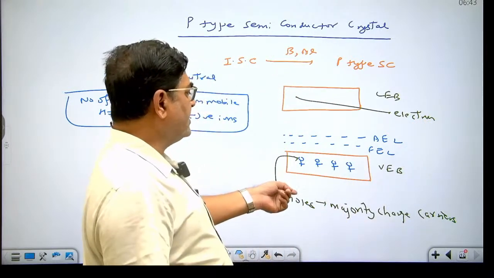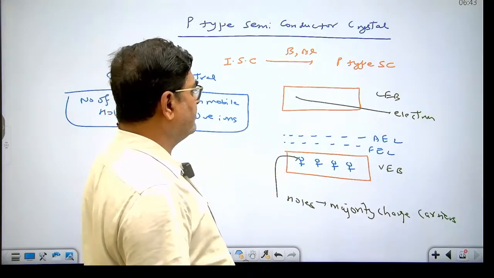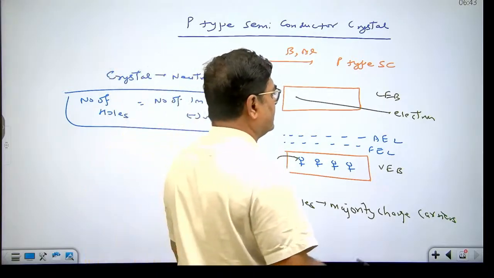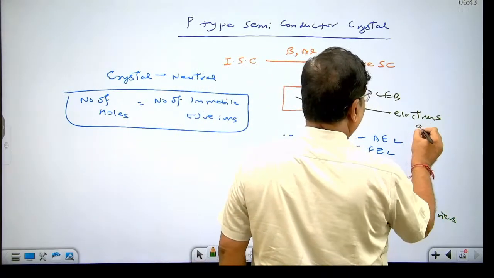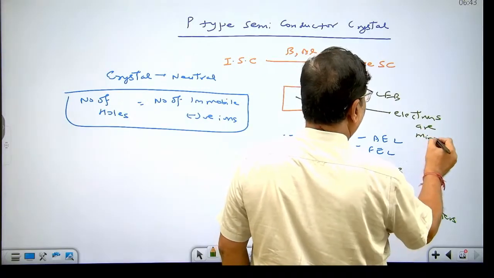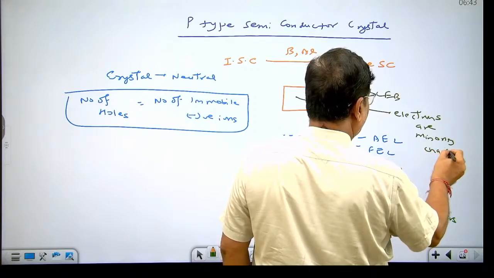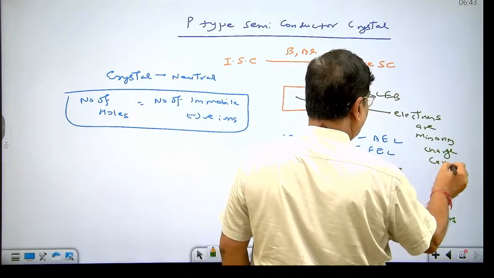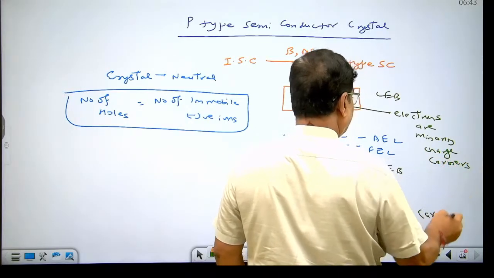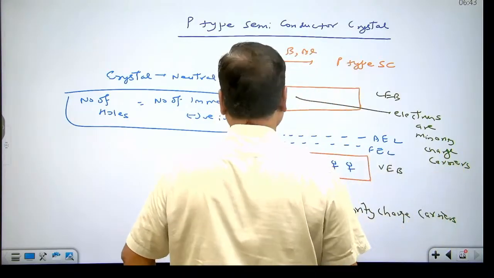The majority charge carrier always comes from the impurity atom, and minority charge carrier always comes due to breaking of covalent bond in valence energy band. Electrons are minority charge carriers. They always come from breaking of covalent bond in valence energy band.